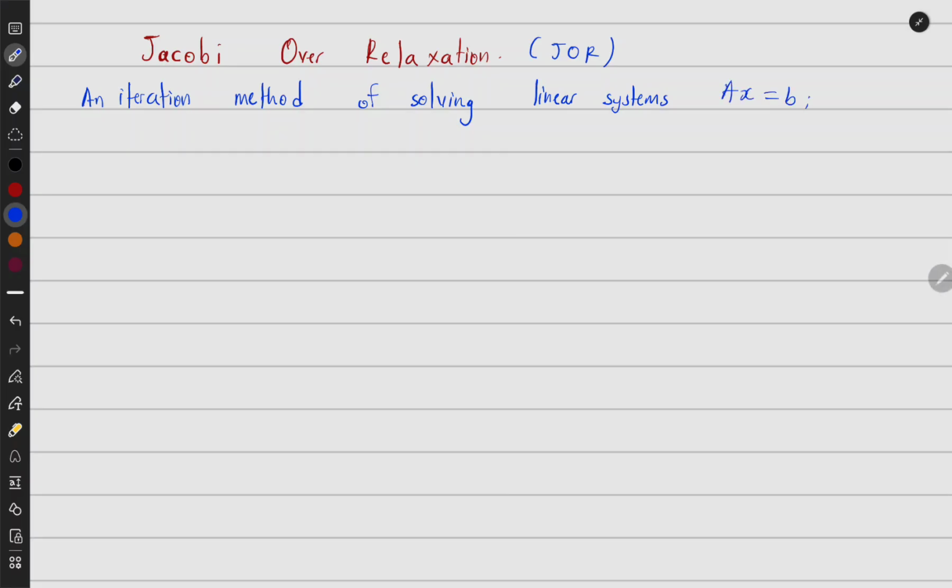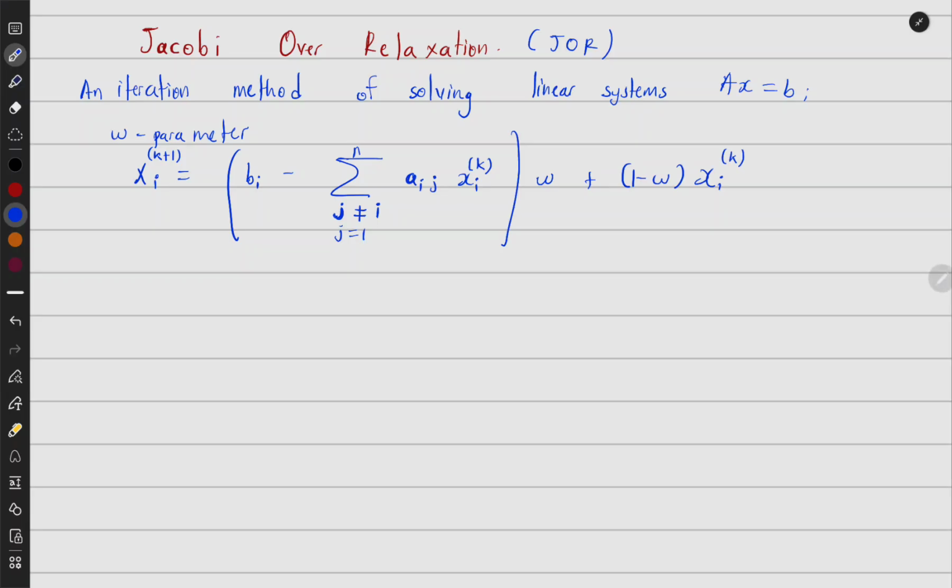You find that it's just a case of the Jacobi iterative method. We introduce a parameter omega, and our x_i^(k), which is part of the solution we are looking for, is like an element in this column matrix.